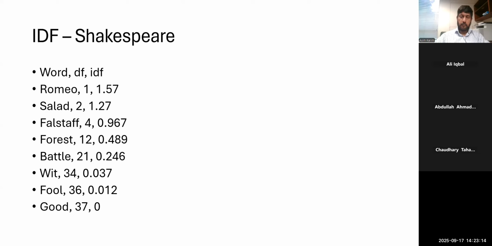So exactly, so if a word occurs in all the documents, so obviously that word is not a distinguishing feature. And usually when we are analyzing multiple documents from a collection, we are usually interested in distinguishing one document from another document. So this is the case in the application of information retrieval, which we are going to discuss today, as well as in the application of text classification as well as clustering.